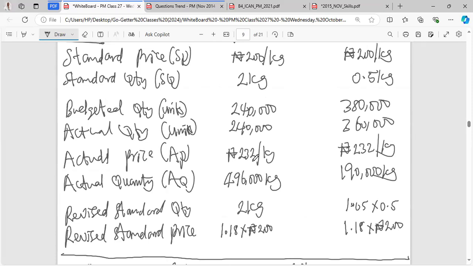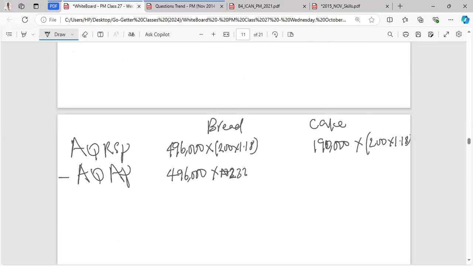No, this is the price per kg. Then of course this is going to be minus 190,000 multiplied by 232.